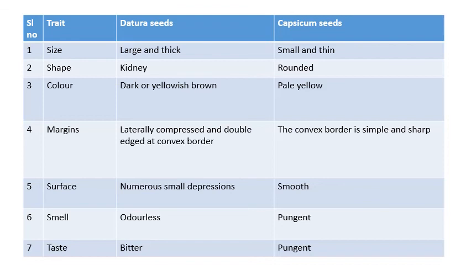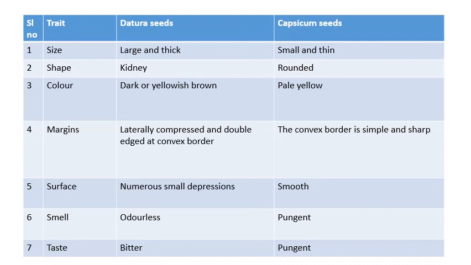Another differentiating feature is the margin. When you look at the lateral margin of the datura seeds on the convex border, it appears to be a double edge, whereas the convex border of the chili seeds is simple and sharp. On close observation of the surface of the datura seeds, you may find numerous small depressions, whereas capsicum seeds are smooth in surface.